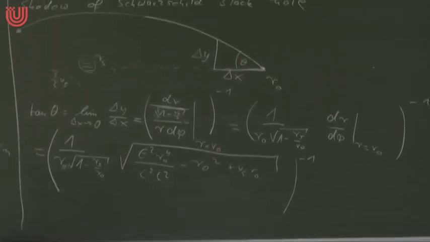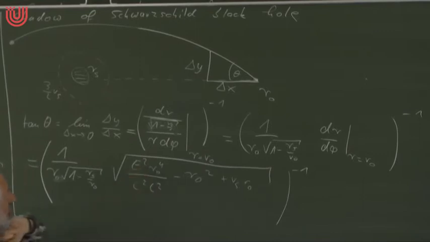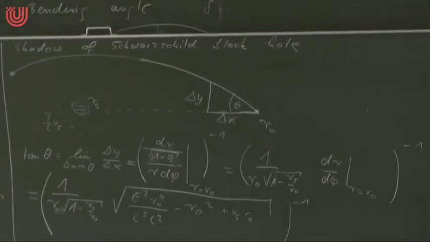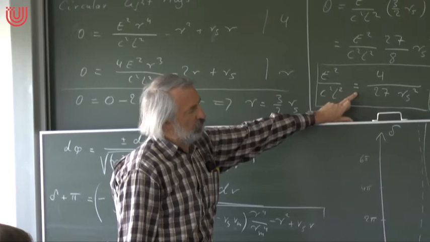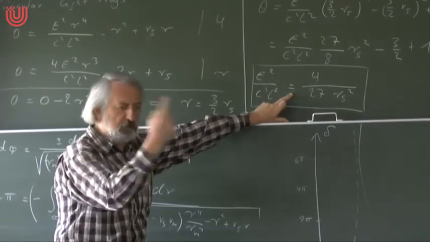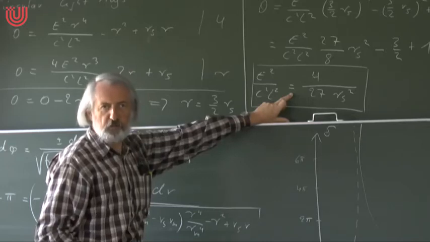Okay, so this gives me the angle theta for any light ray parameterized with this constant of motion E over L. Now I'm interested in the angle theta which corresponds to the light ray that spirals towards the circle at 3/2 rs. That's the reason why I calculated the constants of motion associated with this circle. If a light ray spirals asymptotically towards another light ray, then the two light rays must have the same constants of motion.